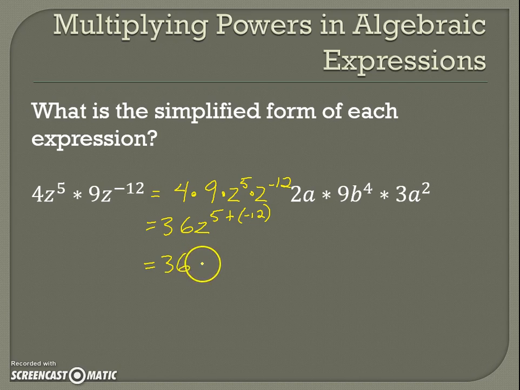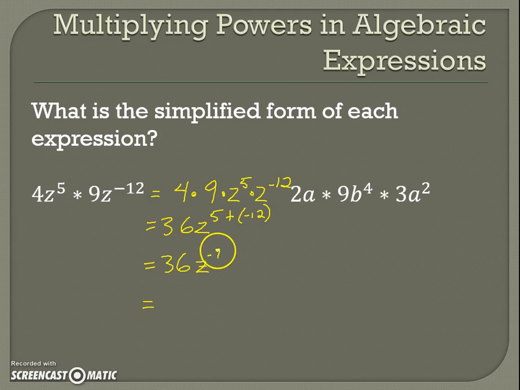And then I go ahead and add those values. So that's z to the negative 7th. Actually, I should have said on this last slide, I don't want you to leave exponents that are negative.